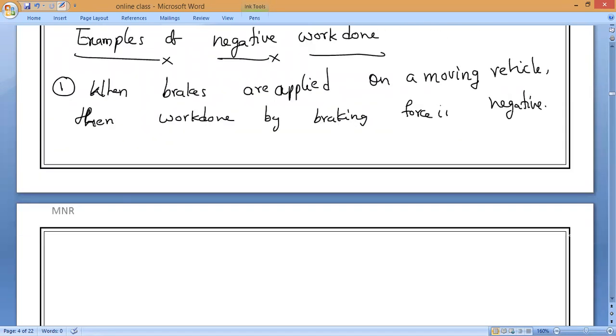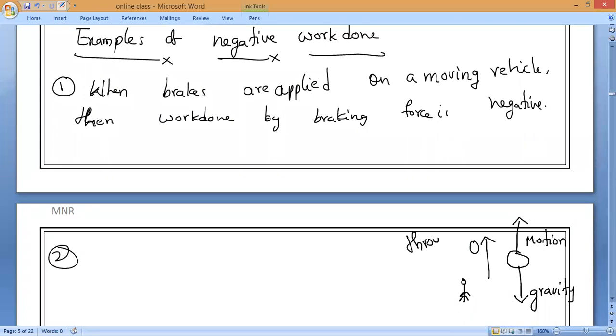Second example. Let me take Mr. Danishkar or somebody. He is trying to throw the ball in the upward direction, so the motion is upward. But what is the direction of gravity? Downward. So when the ball is thrown up, is it negative work done or positive work done?